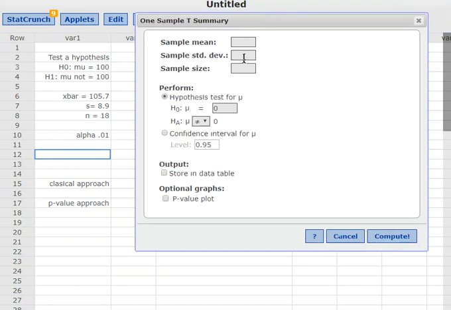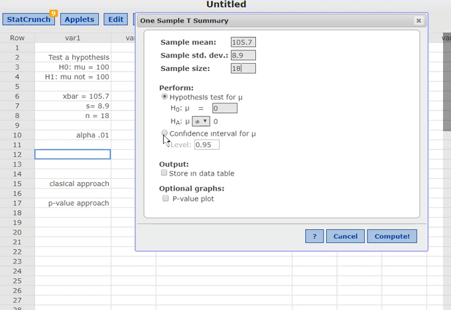What's the mean of the sample? Well, it's 105.7. The sample standard deviation is 8.9, and it asks for the sample size. So it's going to do this modification that's explained in the text and in the Help Me Solve It if you choose to do it by hand.